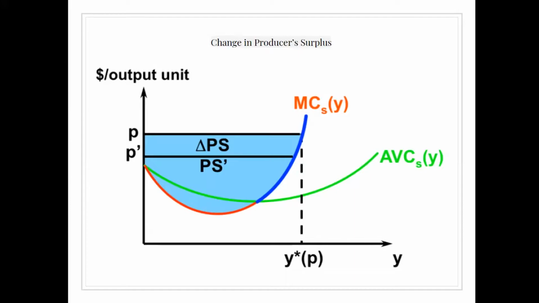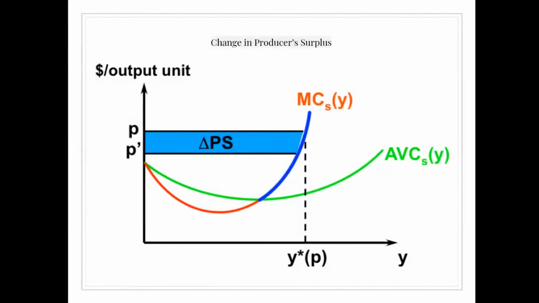As the price increased from P prime to P, there is a bigger area under the price and above the marginal cost, or above the supply curve. This is a change in producer surplus, and you can see it this way. Any questions before I move on?